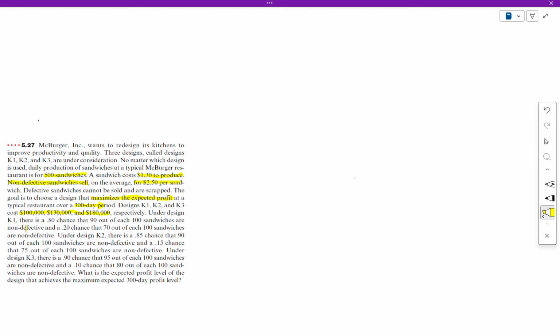Under design K1, now we're writing our info.